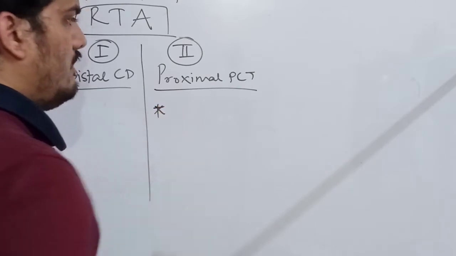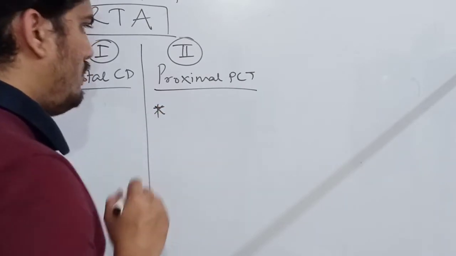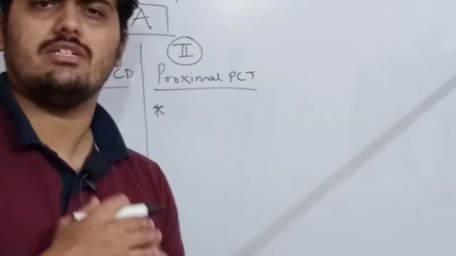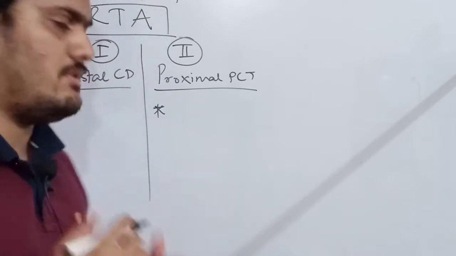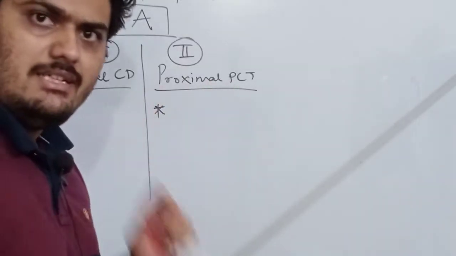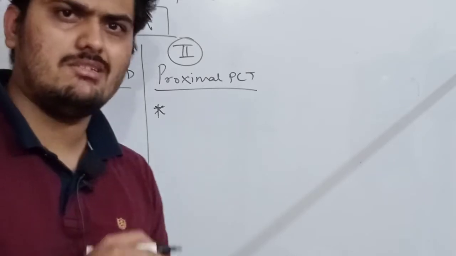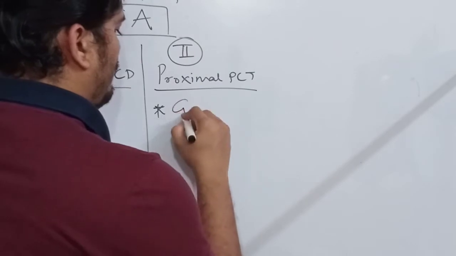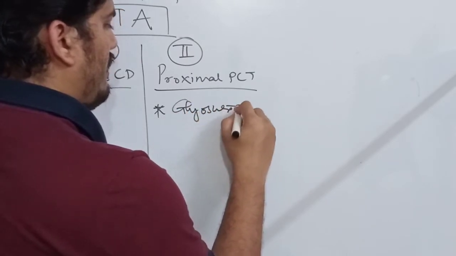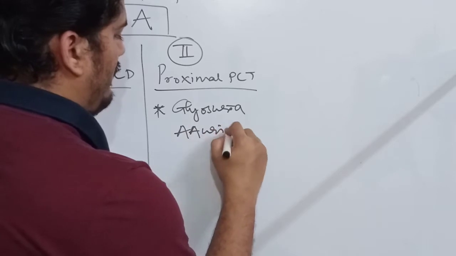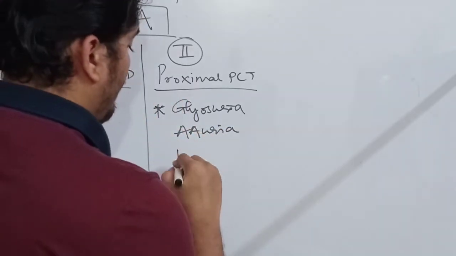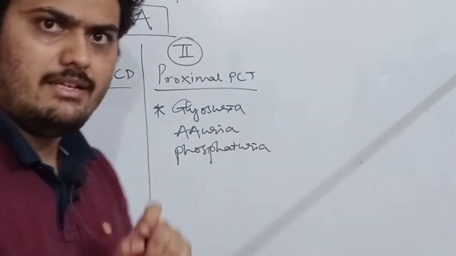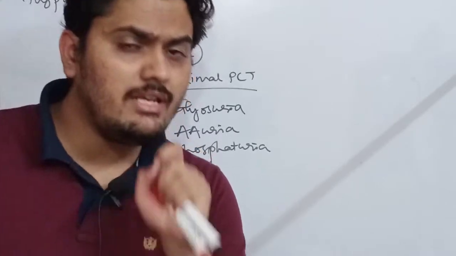So if in the PCT there is damage, then as you know the proximal segment is responsible for effective reabsorption of almost 99% of the glucose, amino acids and phosphate. So here the PCT is damaged, so glucose and amino acids are not at all absorbed, they are thrown out excessively, leading to glycosuria and amino aciduria, and a very important point is phosphaturia, because phosphate is efficiently reabsorbed only in PCT.